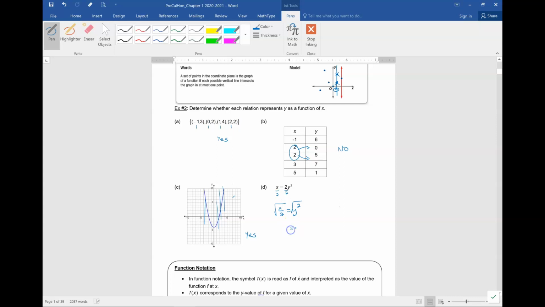So what I get now is y is plus or minus the square root of x over 2, meaning y has two values: positive root x over 2, negative root x over 2.